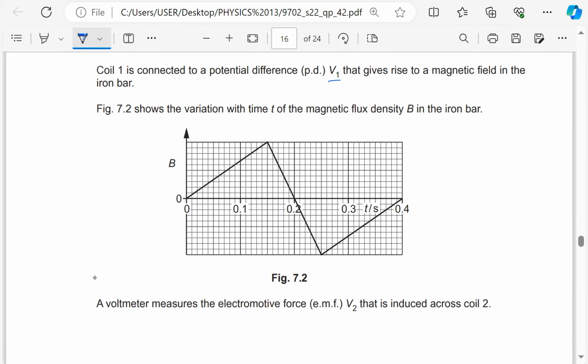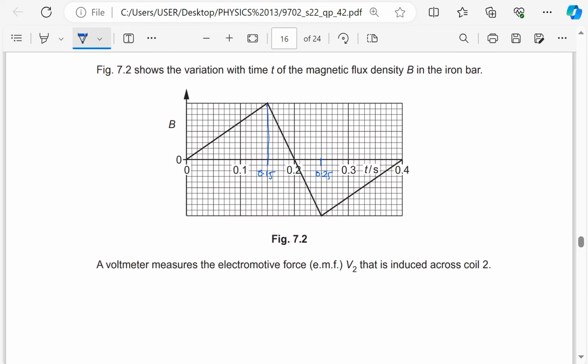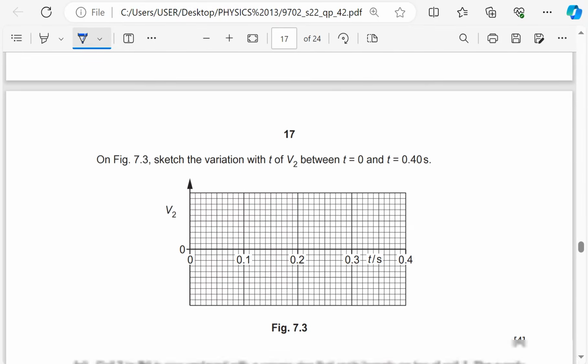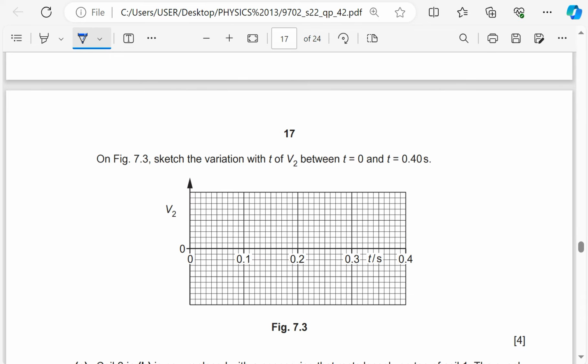So this is magnetic flux density B. I think this is 0.15 and this is 0.25. A voltmeter measures the EMF that is induced across coil 2. On the figure, sketch the variation with t of V2 between t equals 0 and t equals 4.